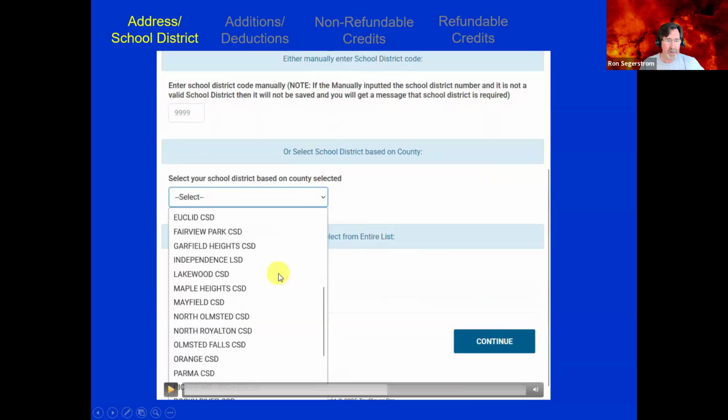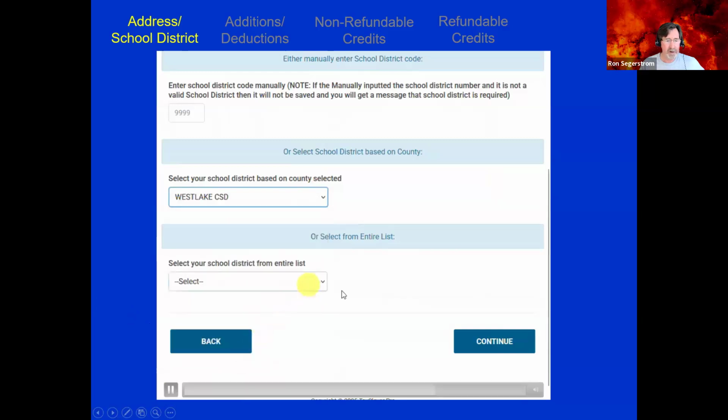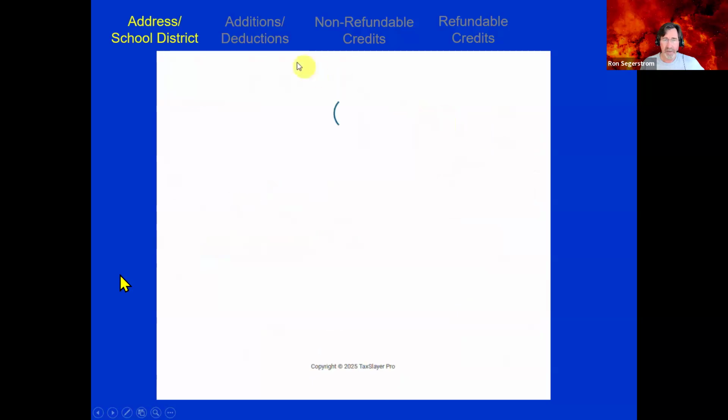Or you just select the school district from right there. By selecting Cuyahoga in the section to select school district based on county, only the school districts in that county are going to show up. Go ahead and click out, make sure you click the yes block that you verified the school district is correct, and then move on.